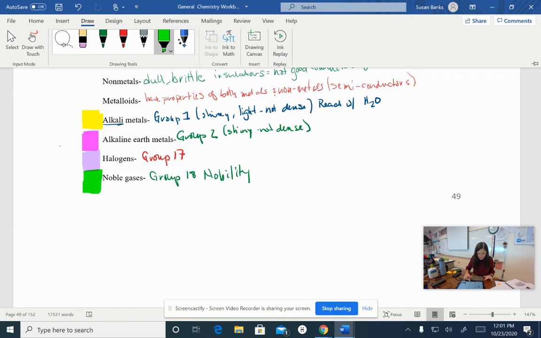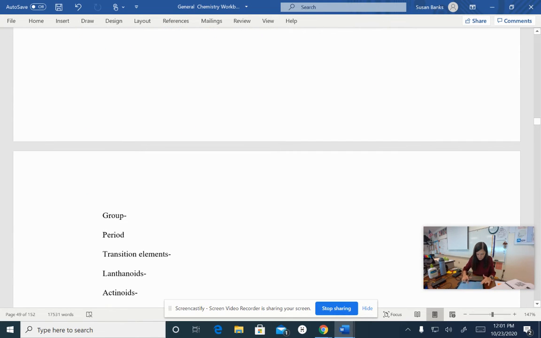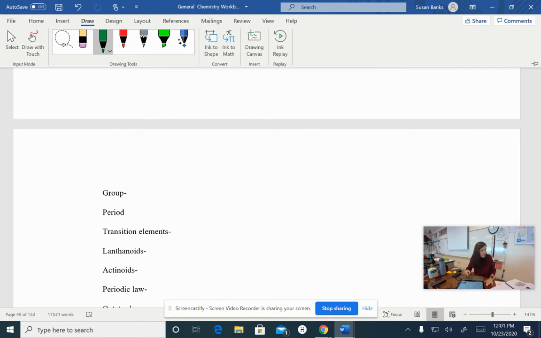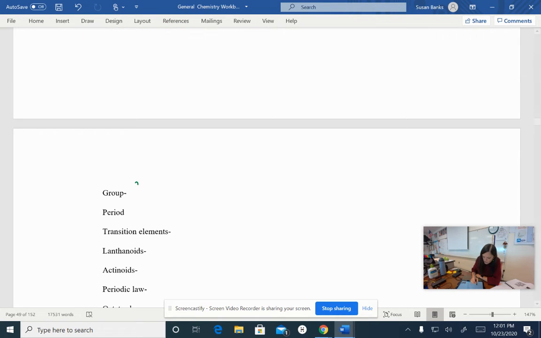Let's do some more things on the periodic table. A group. Now, if I remember, our groups are the columns, okay? These are the columns, the up and down on the periodic table. Now, if we count them, we have 18 groups. There are 18 groups on the periodic table.